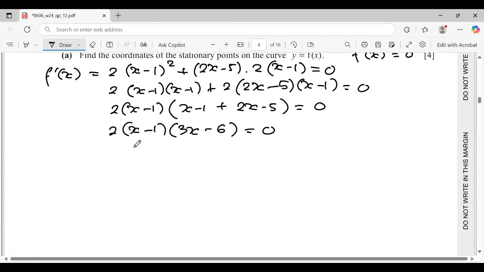So (x minus 1)(3x minus 6) equals 0. So x equals 1 or x equals 2, because 6 divided by 3.